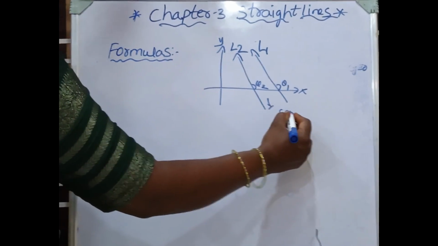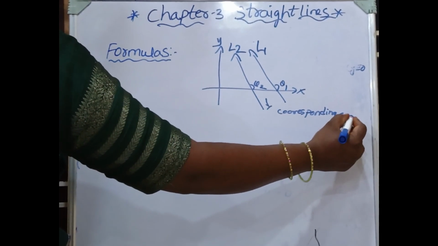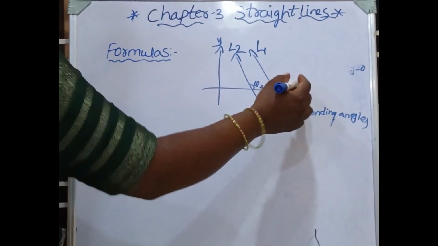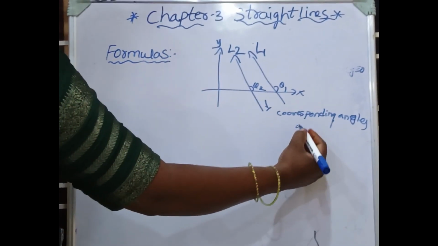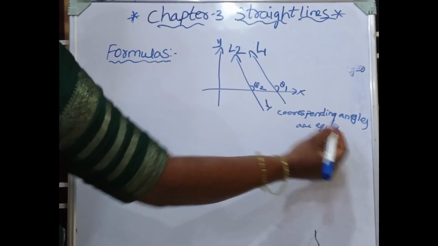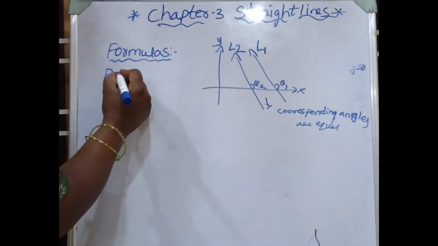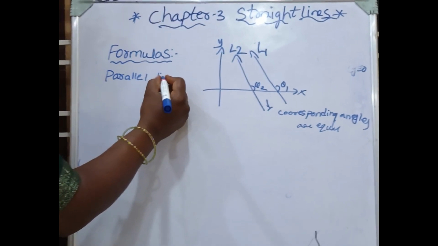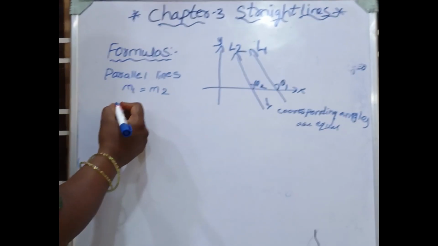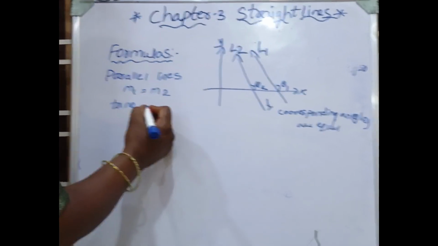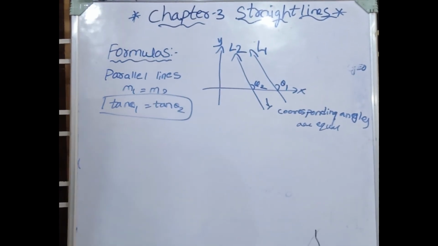These angles are equal; they are called corresponding angles, and the lines are parallel lines. So m1 equal to m2, tan theta 1 equal to tan theta 2. These are the corresponding angles in the slope formula.